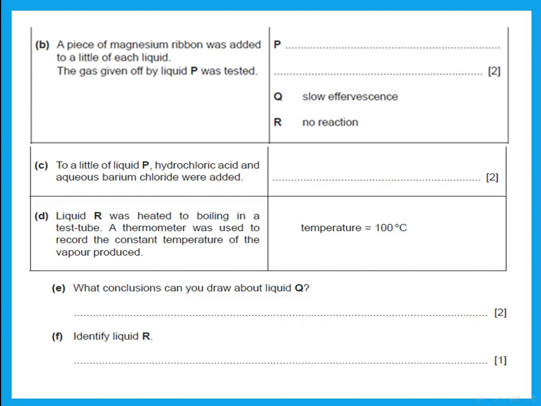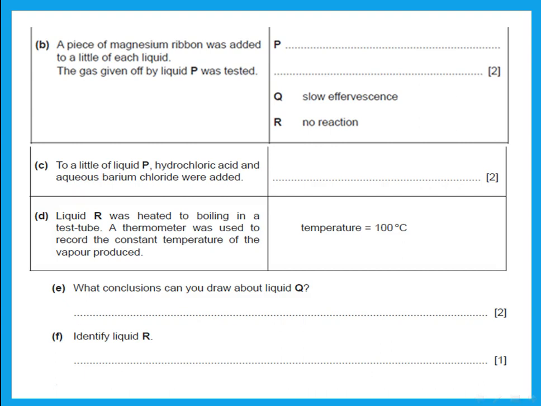A piece of magnesium ribbon was added to a little of each liquid. The gas given off by the liquid was tested. So he's adding magnesium to sulfuric acid. If you remember from the reactions of acids with metal, it will give a gas. Which gas? Hydrogen gas.